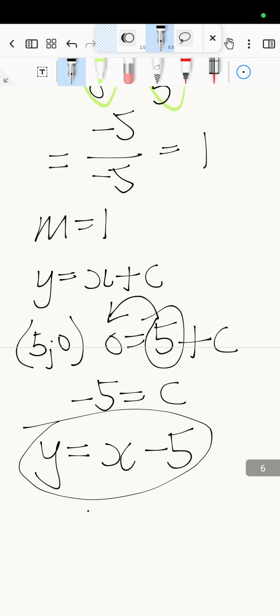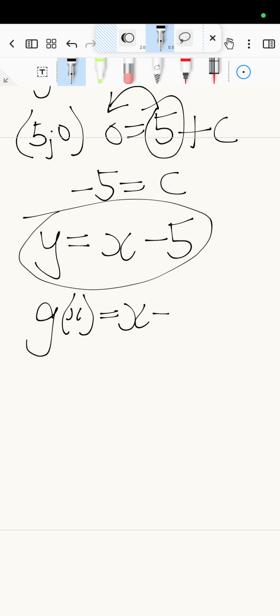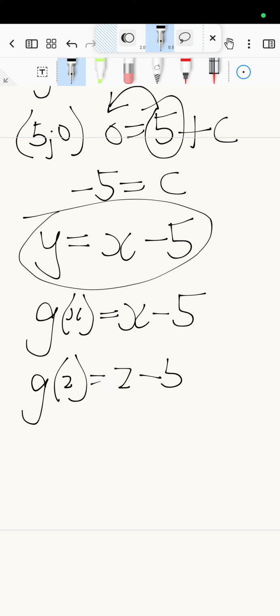So where's the straight line? Straight line's there. I am putting 2. I think the straight line's name was G, so let's just call it G of X equals X minus 5. Okay, I just like that notation because now when I do my substitution, it's nice and easy to see what I'm substituting. So that is minus 3. So this coordinate F is positive 2 and negative 3.